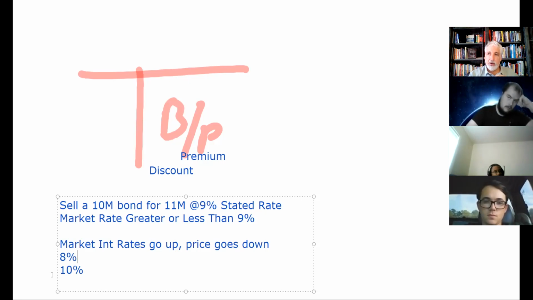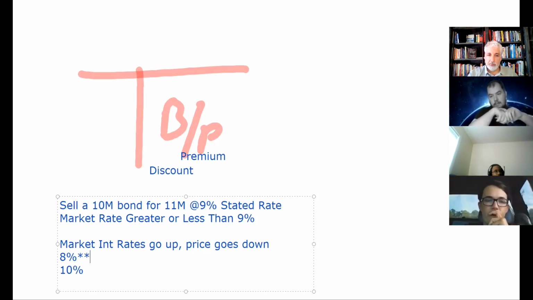So they're going to pay a higher price to get the 9% return and make an effective interest of 8%. So when the market rate is greater, the price of the bond is down. When the market rate is less, the price is higher.